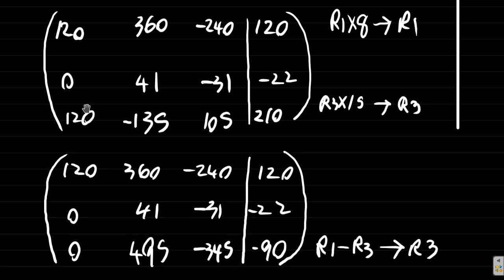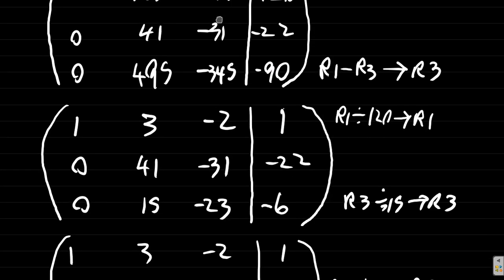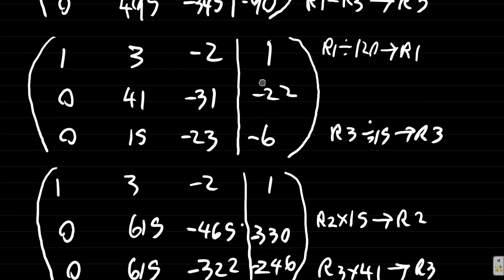And then negative 240 minus 105 will give us negative 345. That we have here. Alright? And then 120 minus 210 gives us our negative 90. Nice.